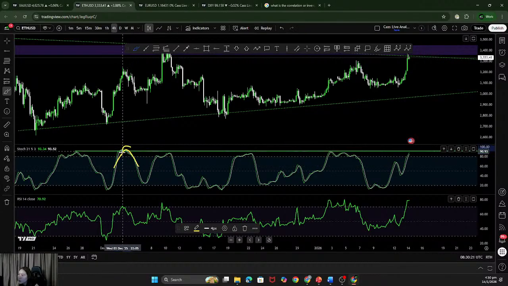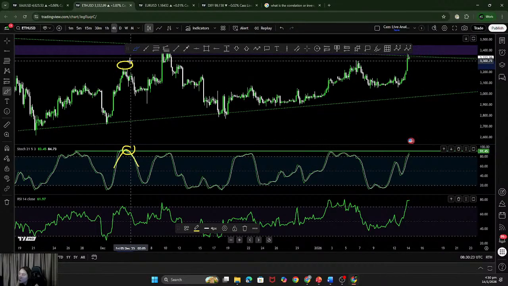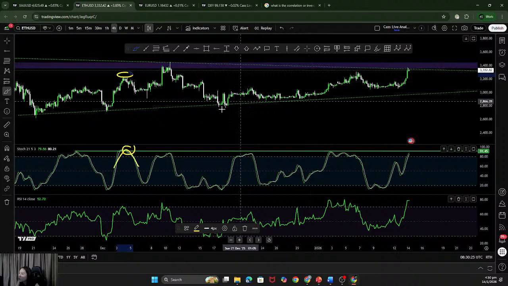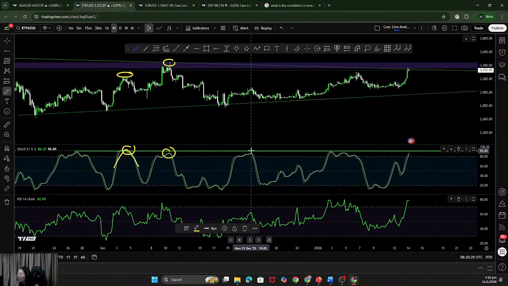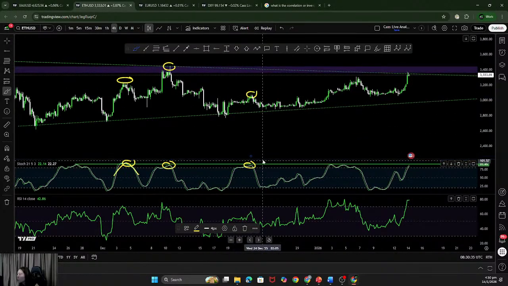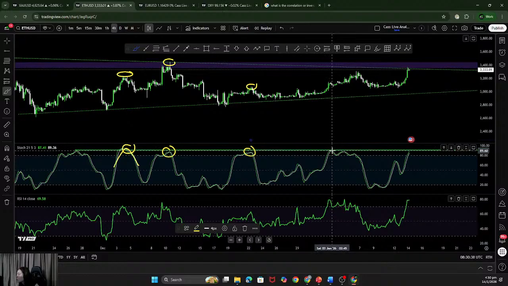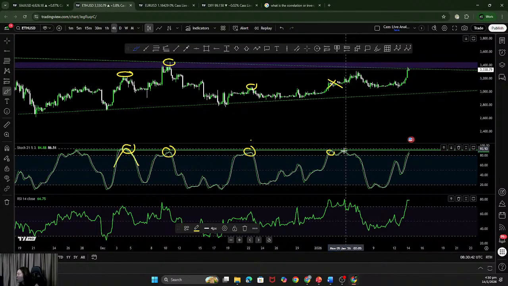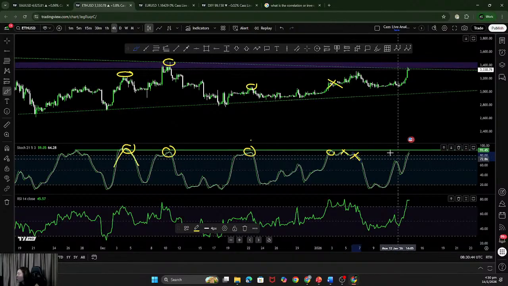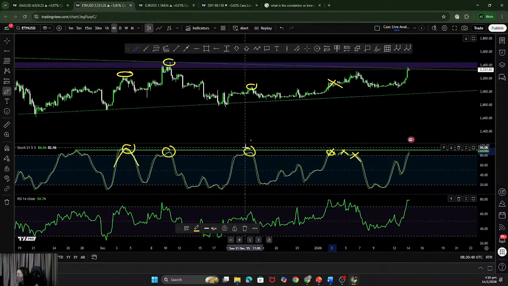When it reached the peak here, it also reached the peak here. But then it didn't really work well there, didn't work well here, and didn't work well here.